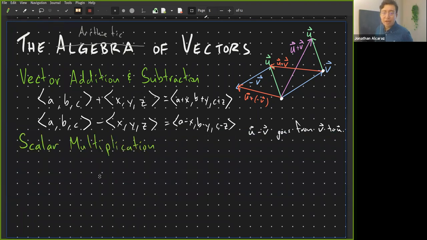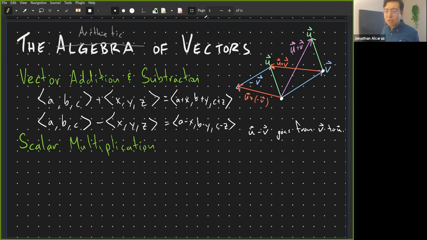Okay. So now the other operation we can do with vectors is what we call scalar multiplication. Now, a scalar is a fancy word for basically just a number, a real number.